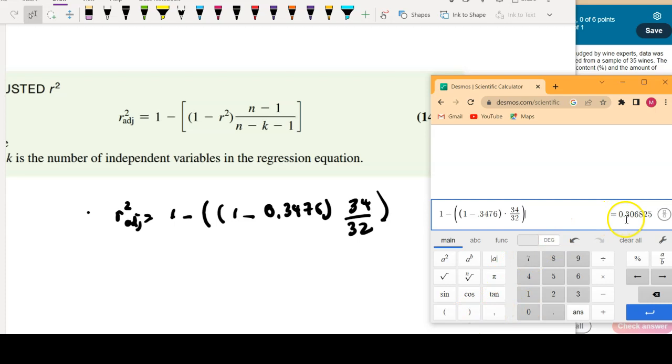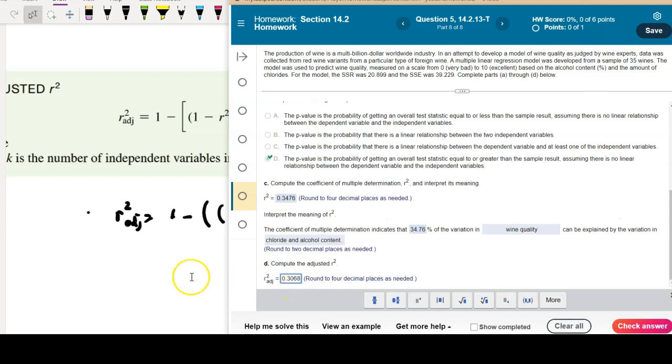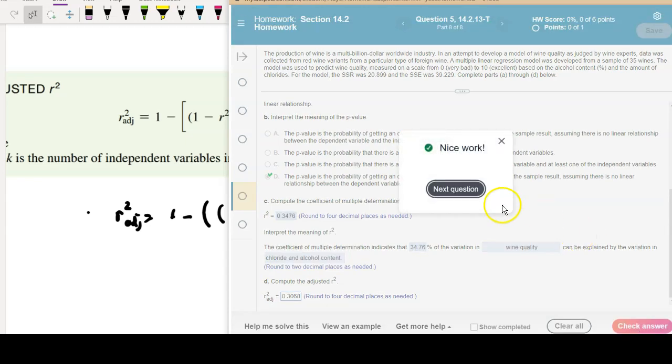So it's going to be 0.3068, and that is a smaller value, right? The R squared adjusted is always smaller than the R squared. Okay, we rounded to 4 decimal places, and that should be it. Check. Good.